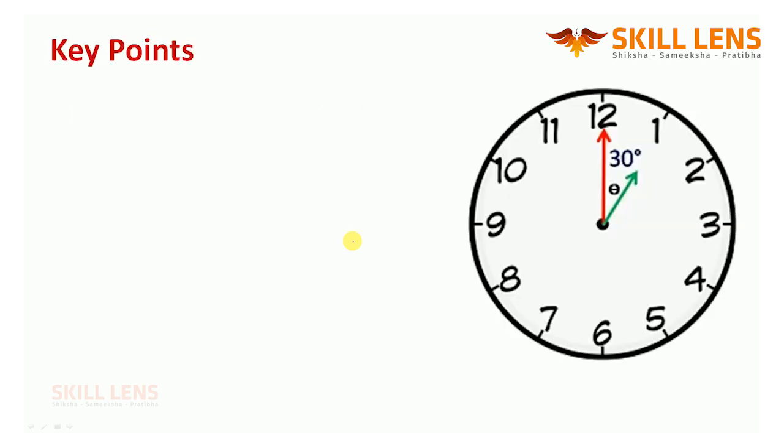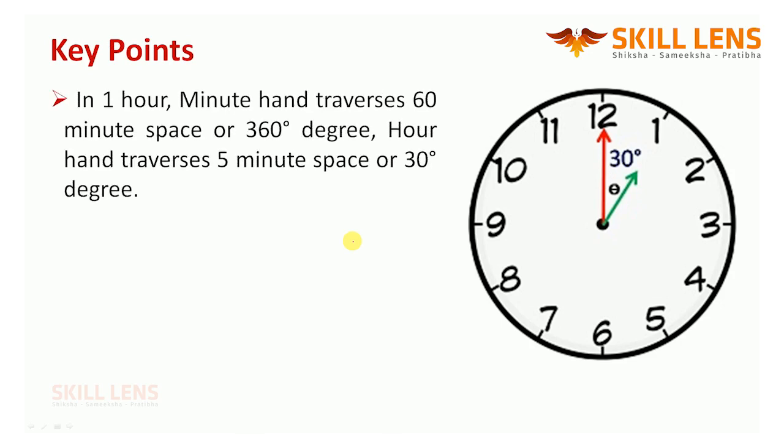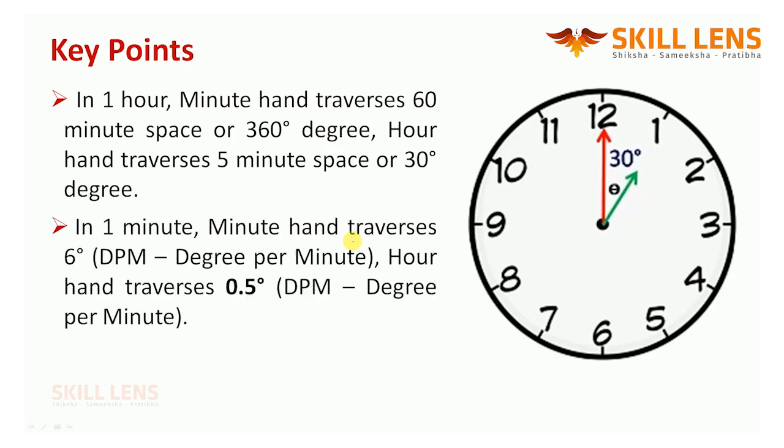So guys, the key points are this: in 1 hour, the minute hand's 60 minute spaces are 360 degrees. So I can say 5 minute spaces are 30 degrees. This is what I have explained to you. In 1 minute, the minute hand makes an angle of 6 degrees. The hour hand makes an angle of half a degree. These 2 points are very important.